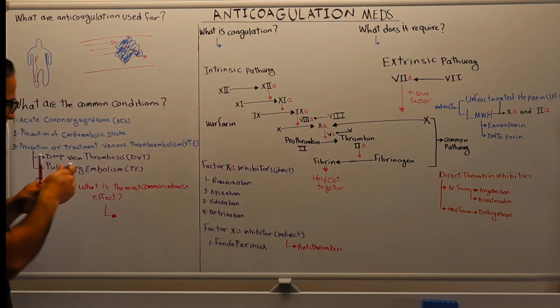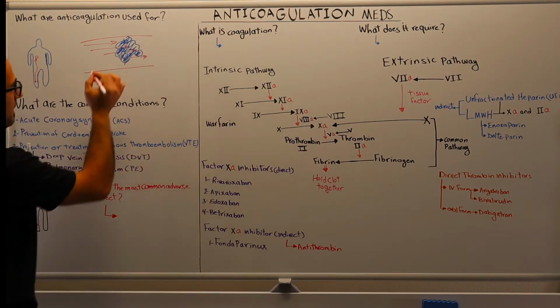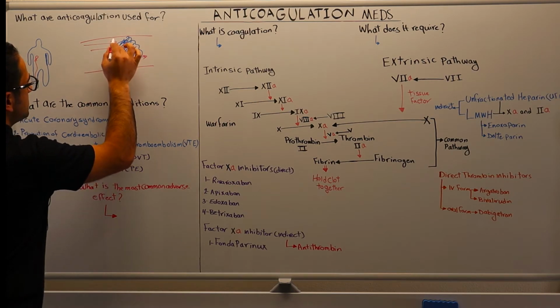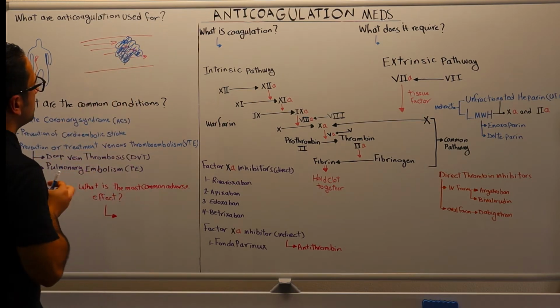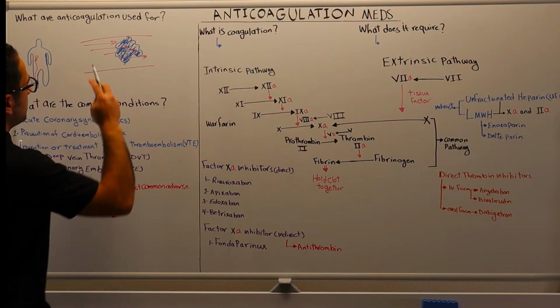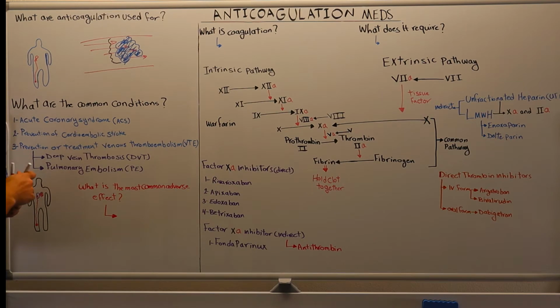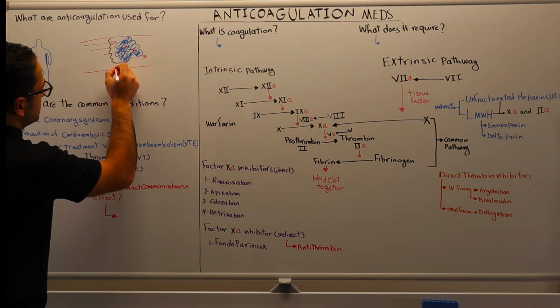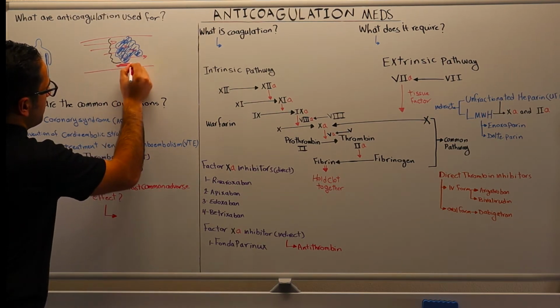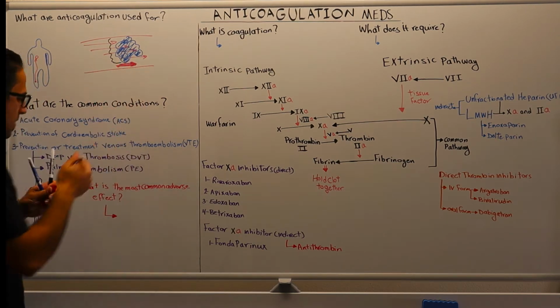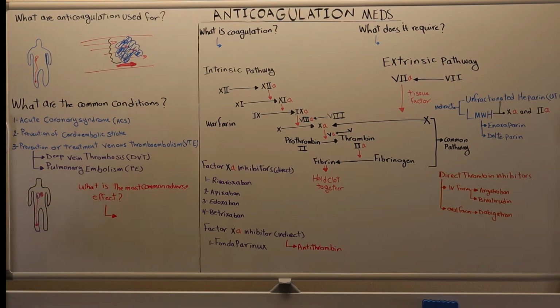So now the amount of blood traveling in this blood vessel has been reduced because this whole area from here to here is basically blocked by the clot. So now the only spot allowing the blood to cross through is this spot over here. And this is why the blood delivered to the heart will be reduced. And that's what happens in ACS, or acute coronary syndrome.